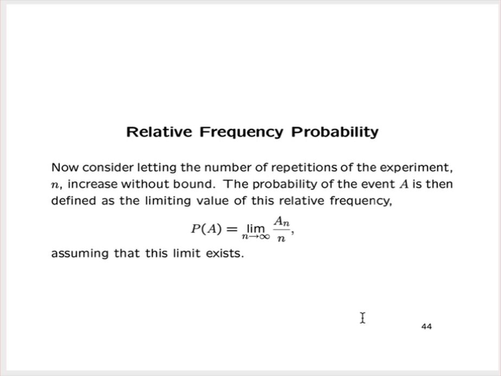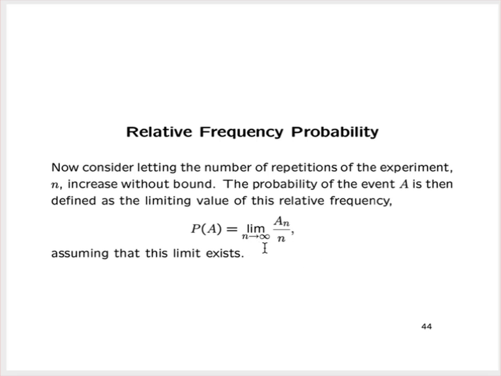So we're going to let n go to infinity. Then the probability of the event A is defined as the limiting value of this relative frequency. All right, and so the probability of A is denoted by P of A, and it's defined to be the limit as n goes to infinity of cap A sub n over n.